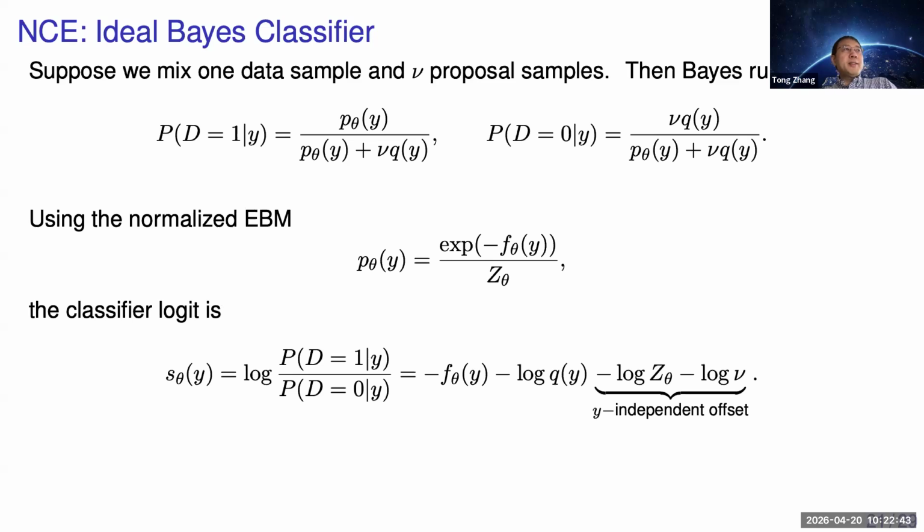Using the normalized EBM, this guy becomes this guy, right? The classifier logits are usually just this divided by this, take the log. This is where the logits come from, and once you have that, the classifier is 1 over 1 plus e to the minus logits. So that becomes a logistic or sigmoid transform.